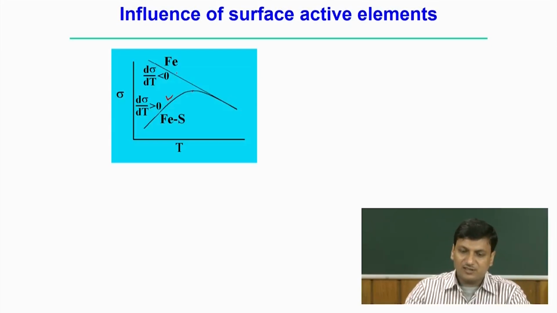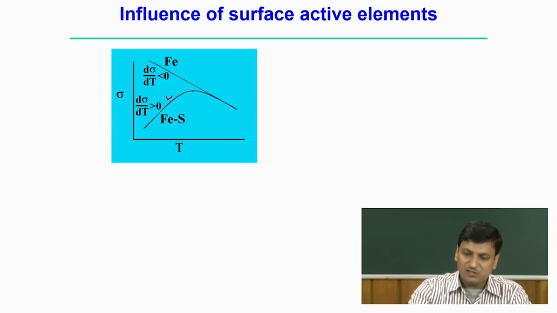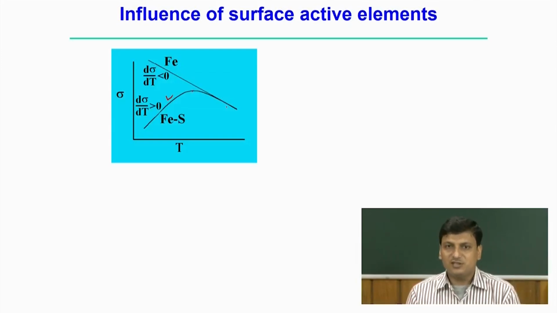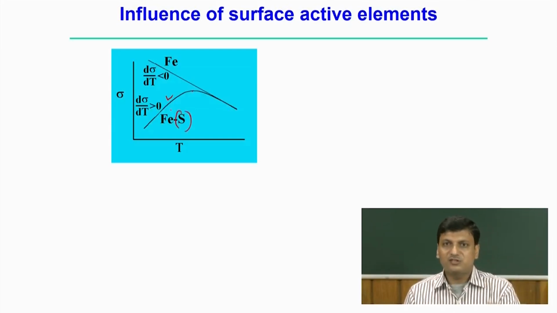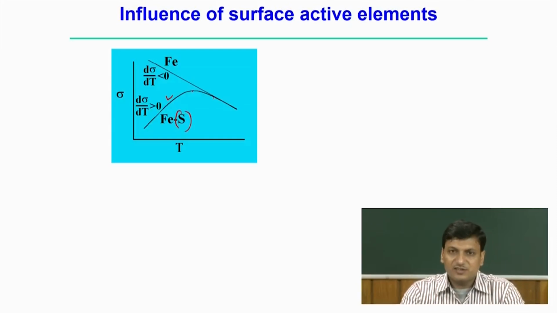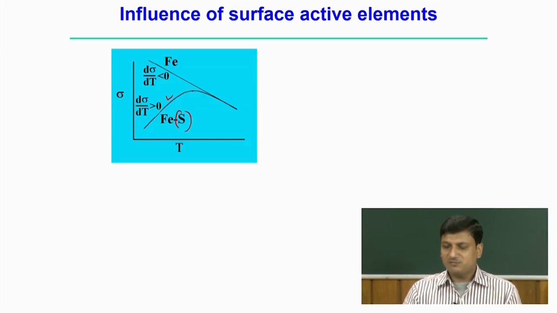This generally happens in the presence of surface active elements, for example sulfur in steel, which creates this kind of profile. In other cases, when we consider a pure element without any surface active elements, they generally follow this negative slope. That is the representation of the coefficient of the surface tension as a function of the surface active elements.